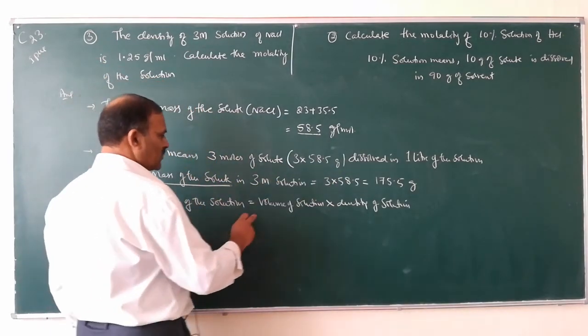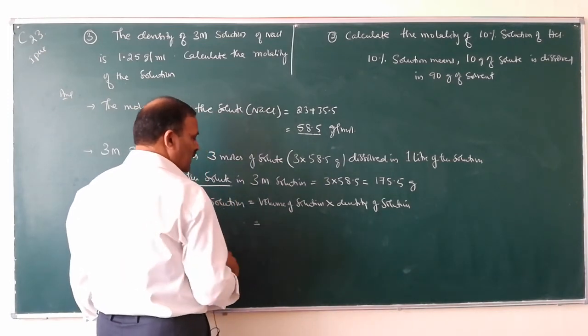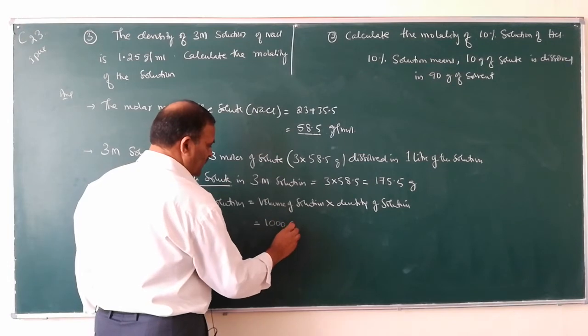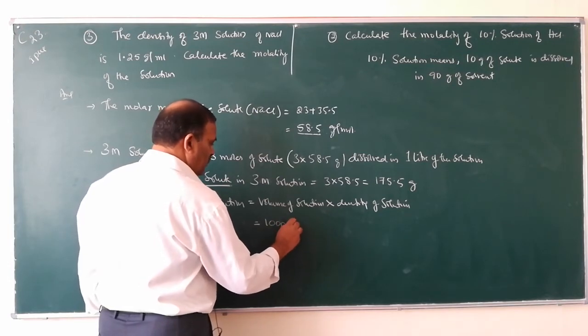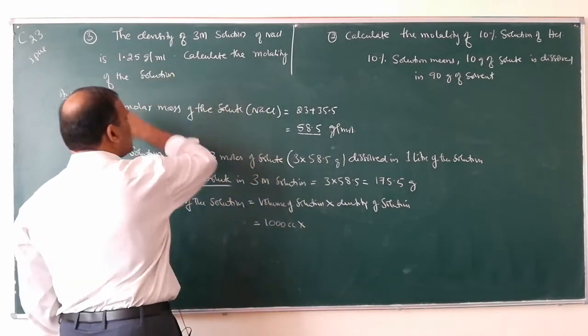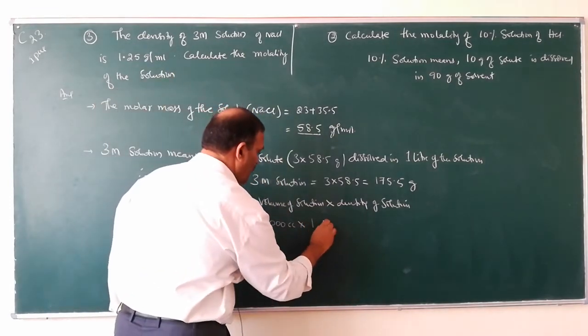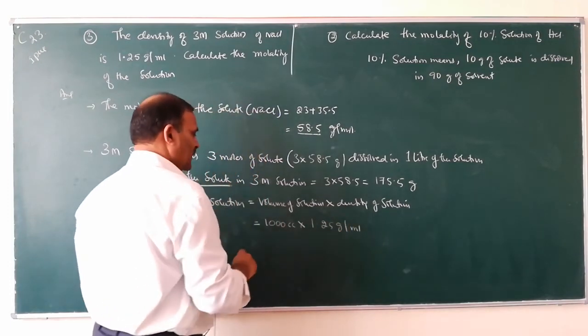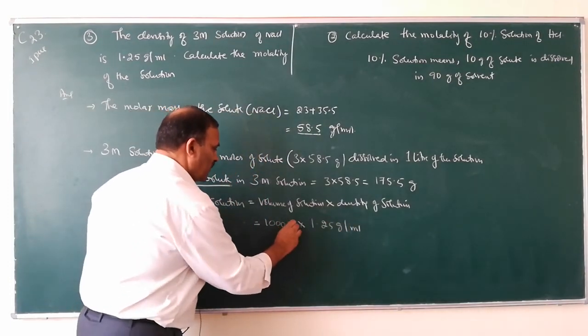So mass of the solution equals volume of the solution, that is 1000 cc, into the density of the solution. Density of the solution is given: 1.25 grams per ml. So here you can write 1000 ml.